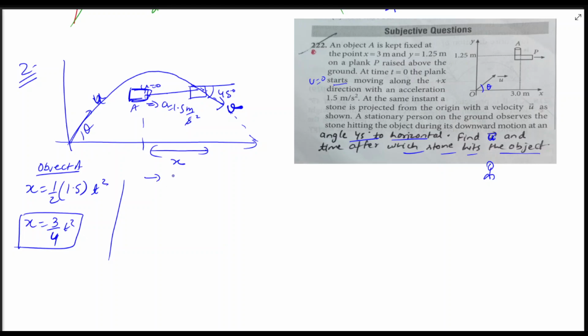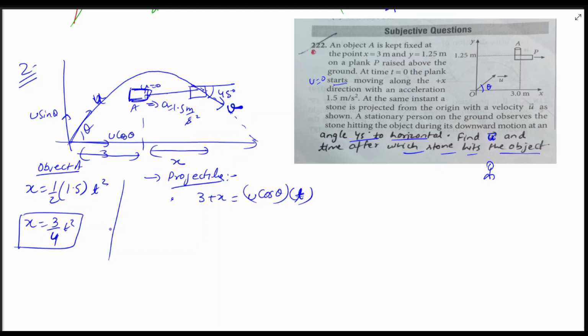Now we are going to write equations for our projectile. Look, this distance is 3. In horizontal it will always have u cos theta, and in vertical it will have u sin theta. So in horizontal it is covering 3 plus x distance with the speed u cos theta for the time t, because in horizontal there will be no acceleration.